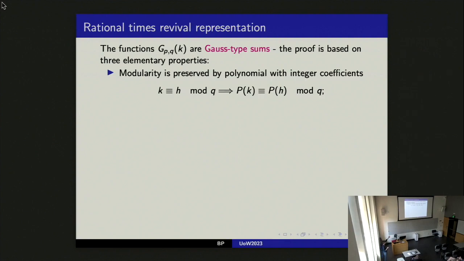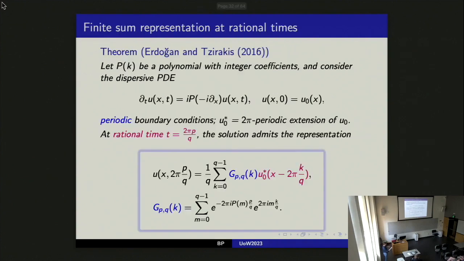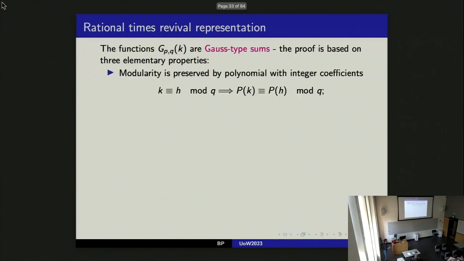is just the fact that if K and H are congruent mod Q, then also PK is congruent to PH mod Q. So you have the same modularity in the x exponential e to the i k x as you have in the t exponential with the e to the i p of k t.